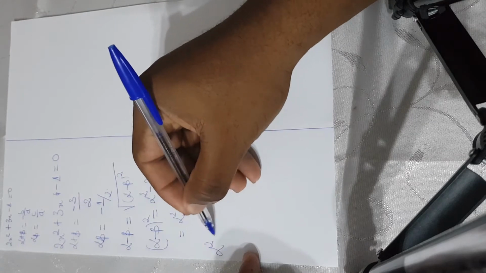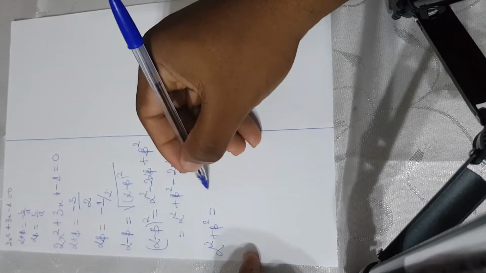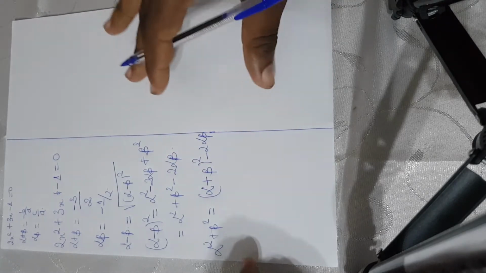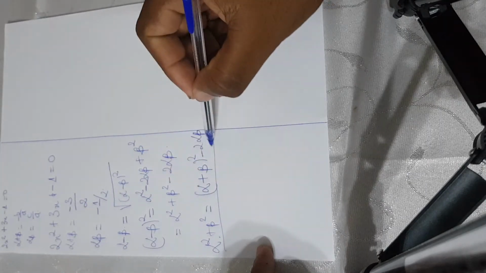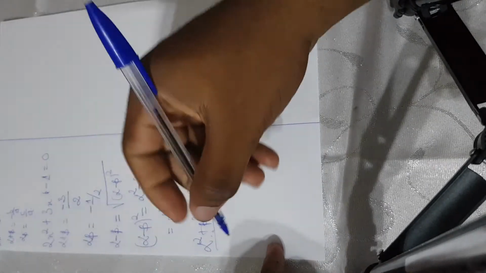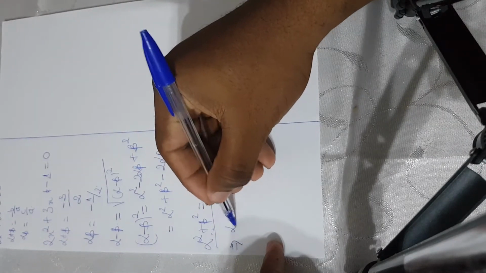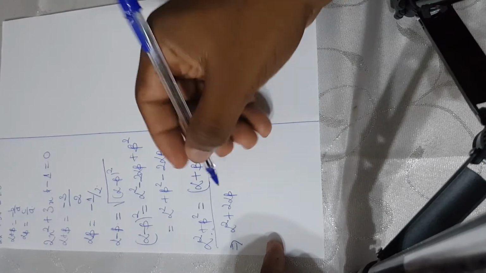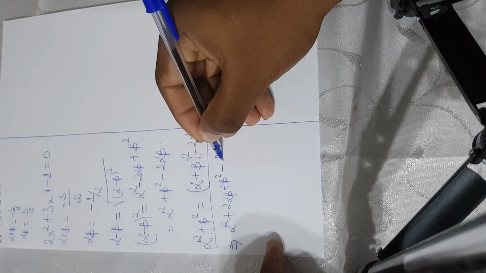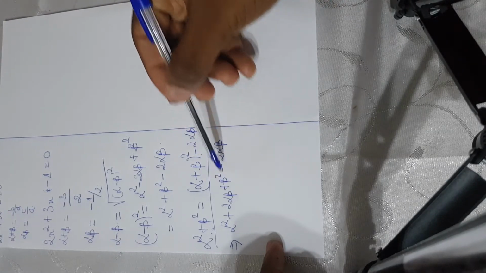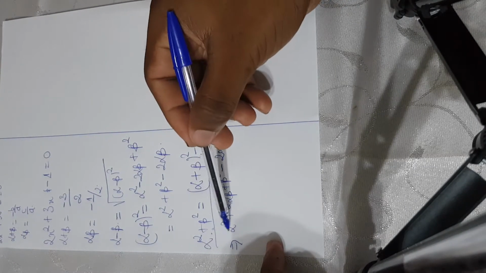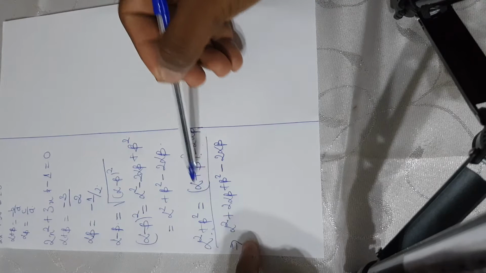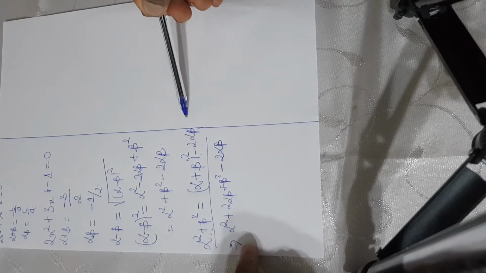Alpha plus beta all squared is equal to alpha squared plus 2 alpha beta plus beta squared. So if we expand alpha plus beta all squared minus 2 alpha beta, we have alpha squared plus 2 alpha beta plus beta squared minus 2 alpha beta. 2 alpha beta minus 2 alpha beta gives 0, so we are left with alpha squared plus beta squared. So alpha squared plus beta squared is equal to alpha plus beta all squared minus 2 alpha beta.